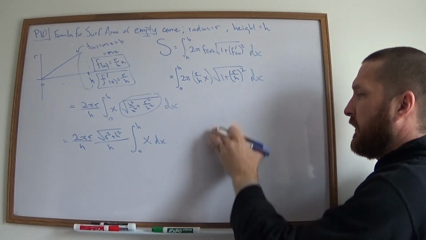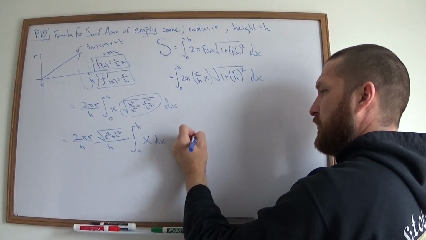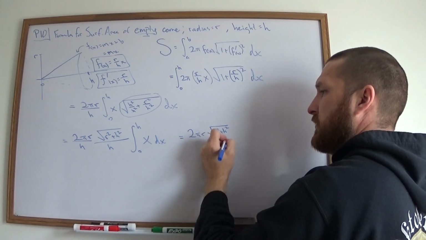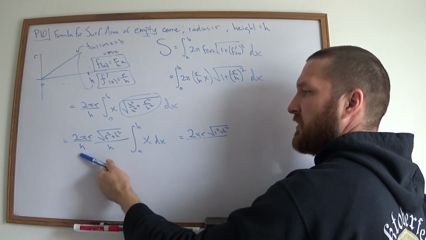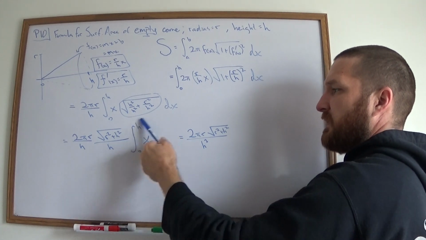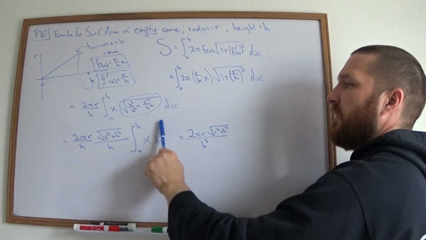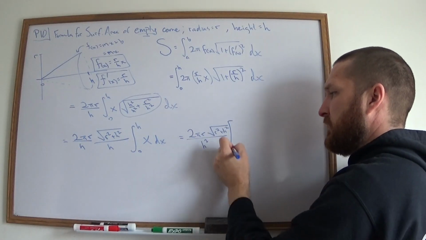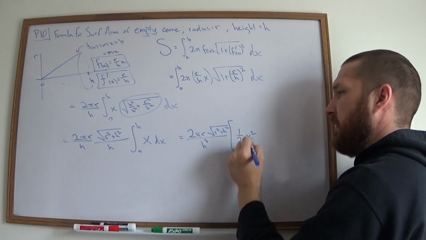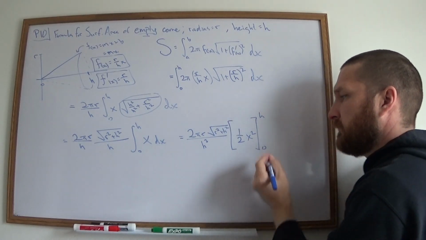Too easy. Okay, in the next step, I'm going to simplify my constant a little bit: 2 pi r, the root of r squared plus h squared, all over h times h, that's h squared. Now, the antiderivative of this part. I can take the antiderivative of x, and I get 1/2 x squared. I'm going to evaluate it up at h and down at 0.